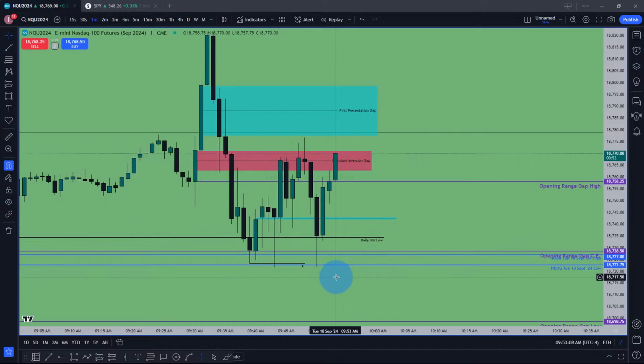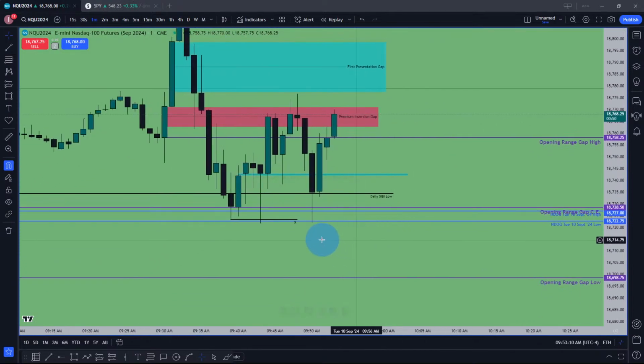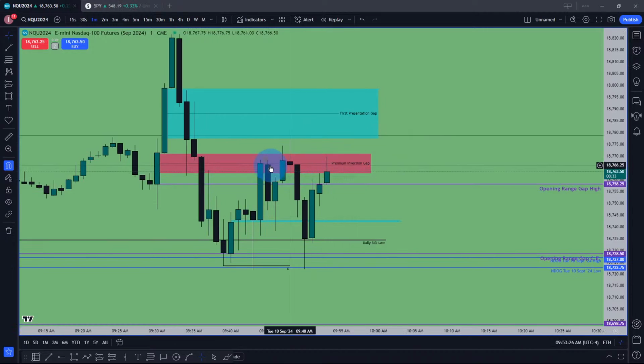The one thing I want to note that I don't like for being bullish is that these lows are very relative. So I don't want to see this being engineered sell-side liquidity for price to be taken later. But that will depend on this inversion gap here if price wants to claim it.